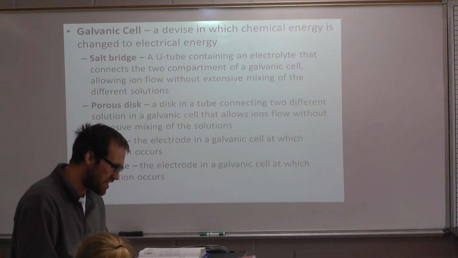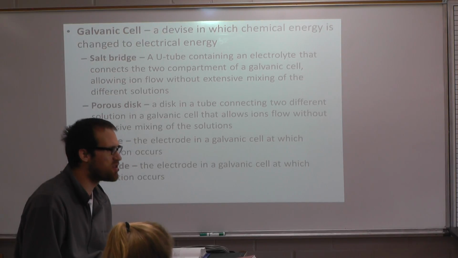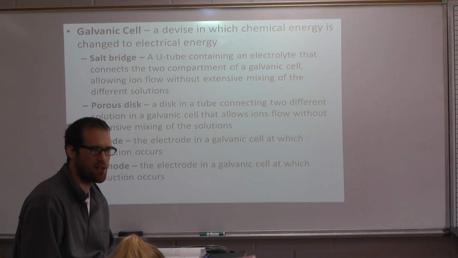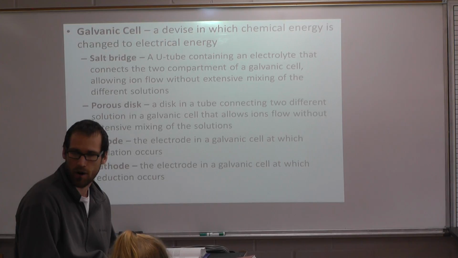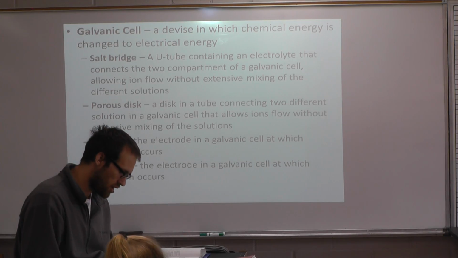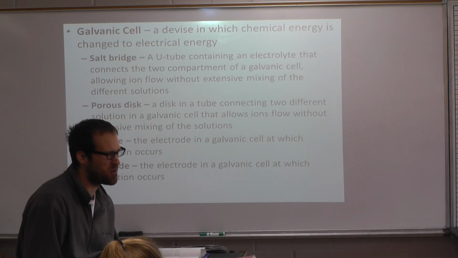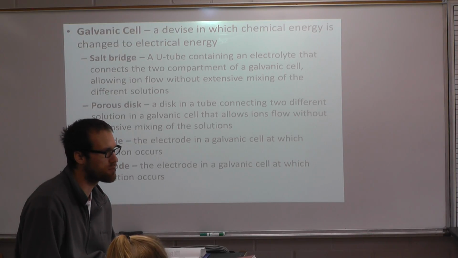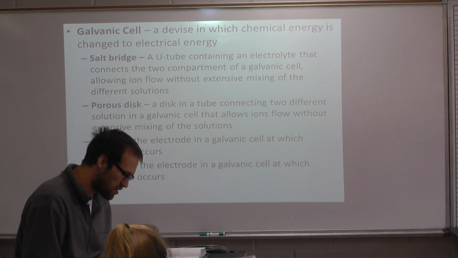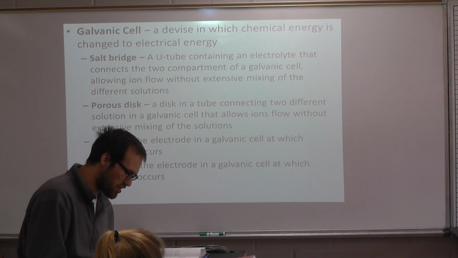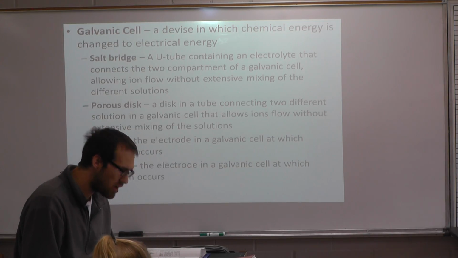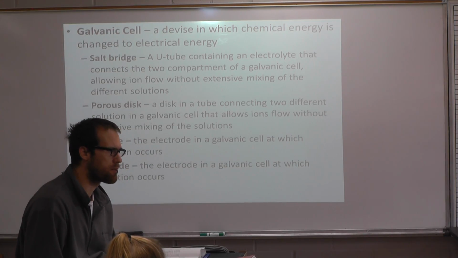Right? Cell potential is basically the difference in potential energy of your two compartments. Okay? Its unit, you are probably familiar with, is a volt. You probably heard that unit before. Basically that is the joule of work that can be done by a coulomb of charge transfer.